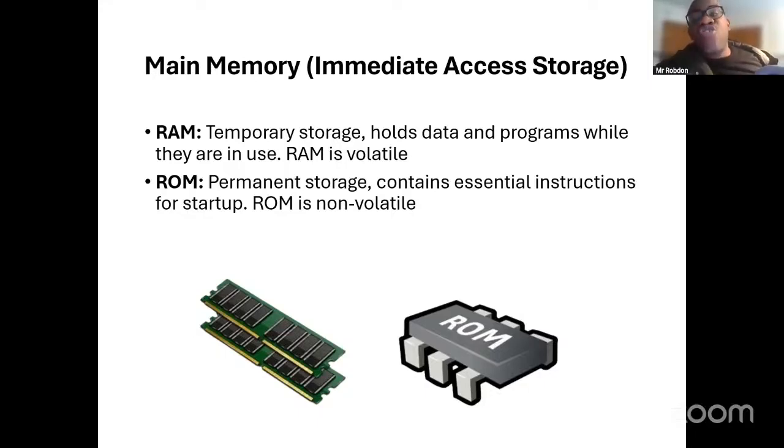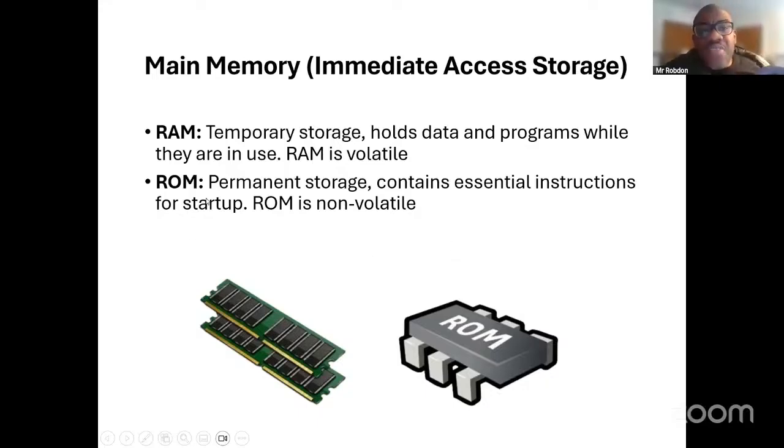Now, the thing you need to store data when it is not in use is called secondary storage. So two things to remember: RAM is used to hold data and programs that are currently in use. So at the moment, any app that you have open on your phone or on your laptop is what we call being stored in RAM.